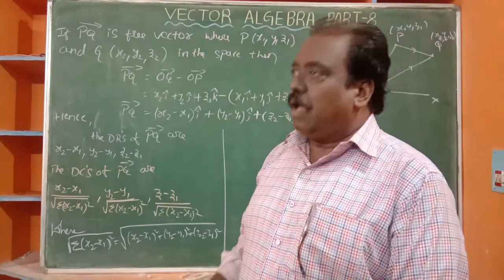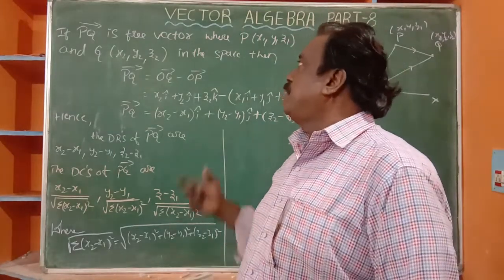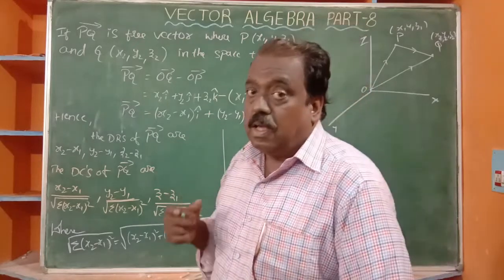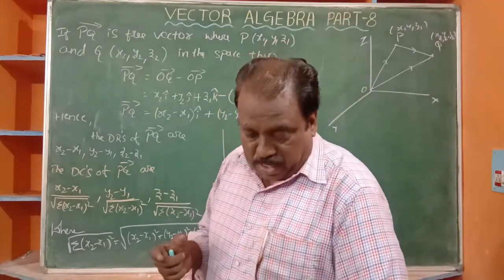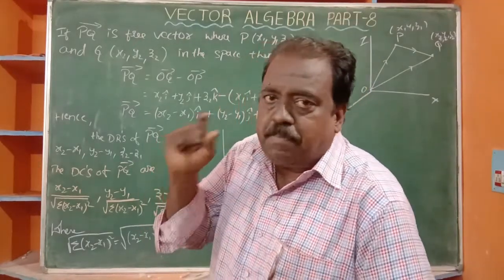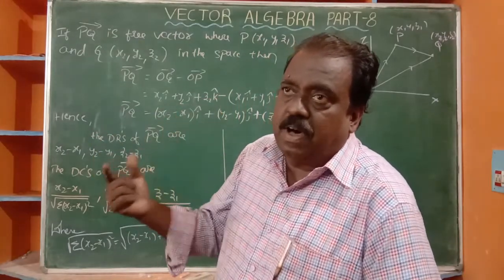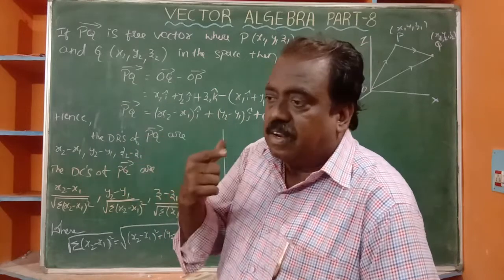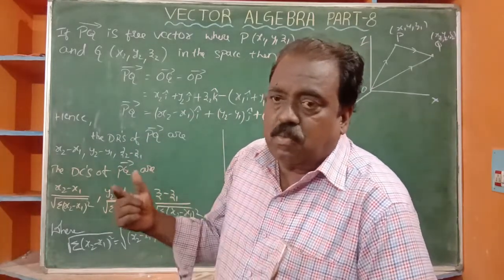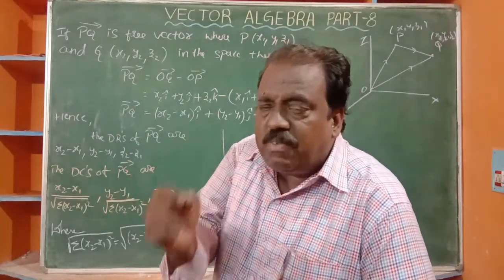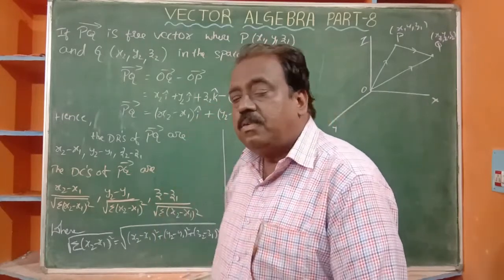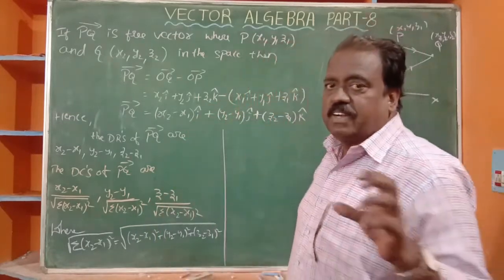Okay, now we will come to a free vector. In the previous one, we took only one point P, and OP bar, OQ bar, OR bar, OA bar or OB bar are position vectors of a point only. That is a position vector of a point.